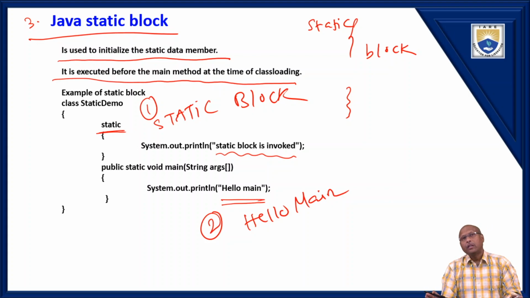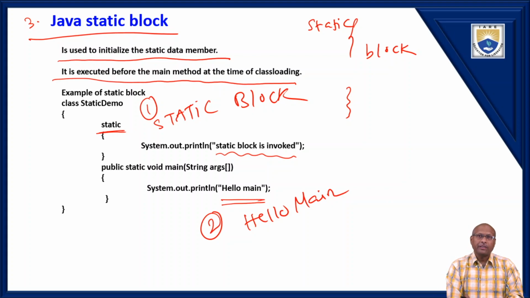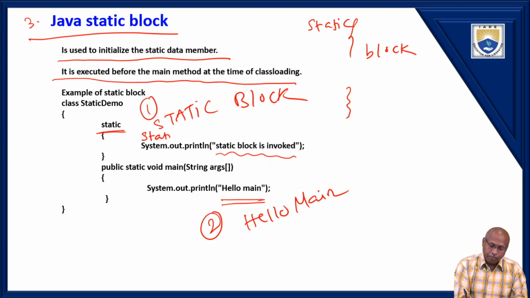So try to know, you can use the static keyword before the block also, and generally that block is useful to define your static variables. Of course, in this example the static keyword is not used inside the block, so you can write here static string college equal to IARE.